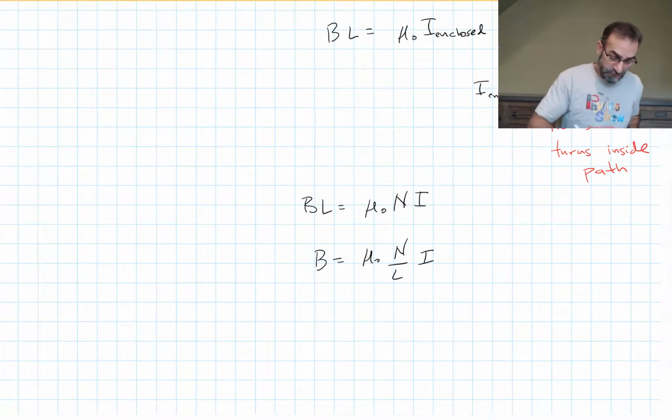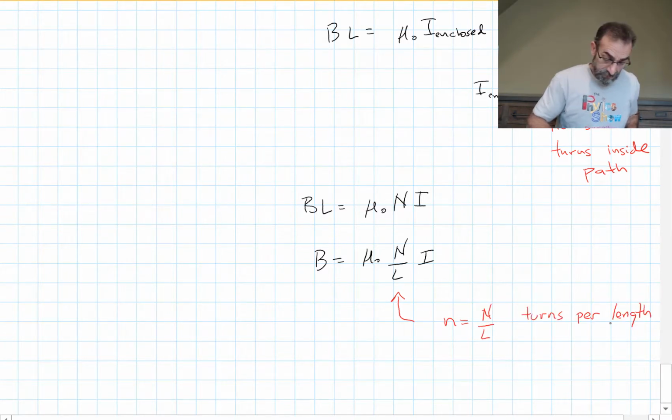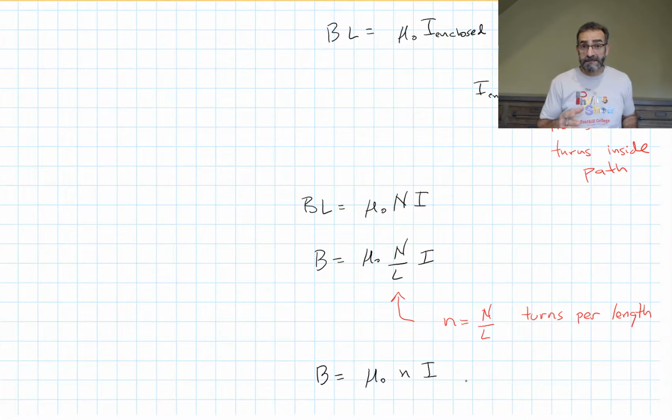And we write that as lowercase n. And there's our magnetic field inside of an ideal solenoid. Mu naught, our constant, multiplied by the number of turns per unit length for that solenoid, multiplied by the current.